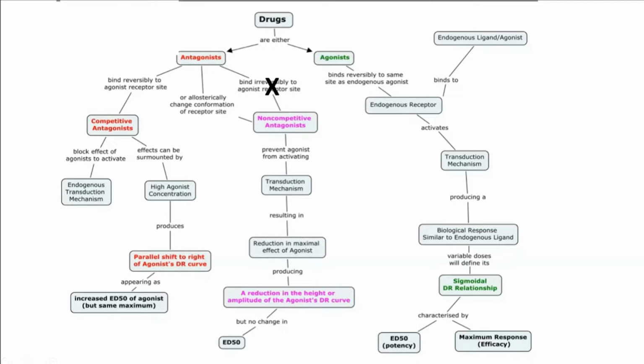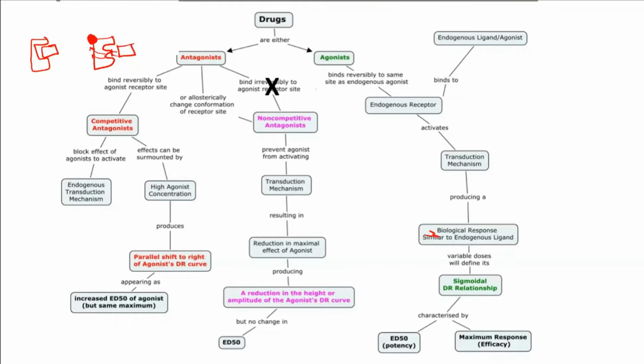So let's say, before, the active site looks like this, and the drug is like that, it fits in. Let's say you take an allosteric antagonist that binds here, but it brings this amino acid chain over, and it causes a few conformational changes, and it changes the shape of the active site, which inhibits the binding of the endogenous ligand.